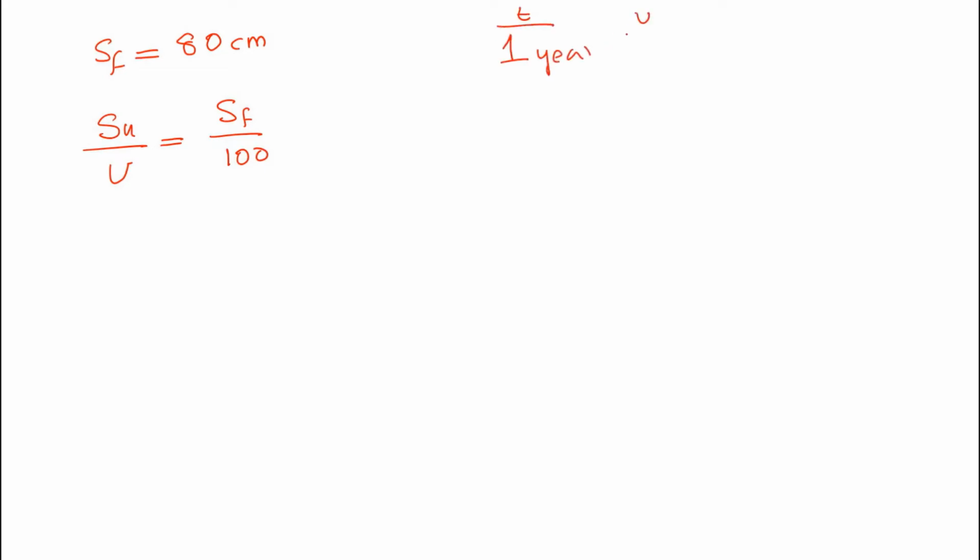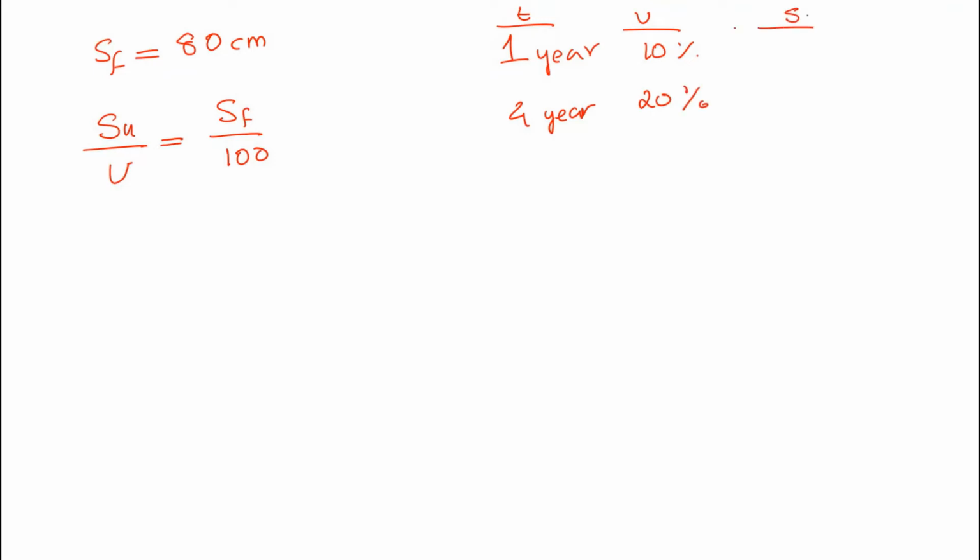Okay. So we found out SF for the 25 meter thick clay layer is 80 centimeter. Now come back to the equation: SU by U is equal to SF by 100. After 1 year, the degree of consolidation is 10 percent. After 4 years, the degree of consolidation is 20 percent.